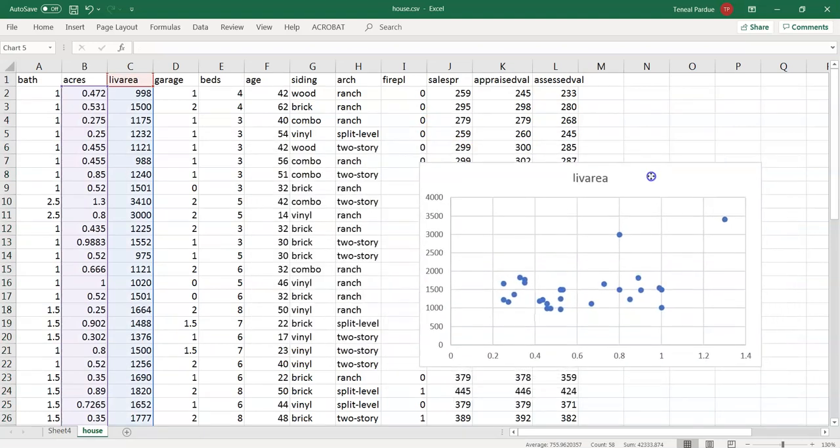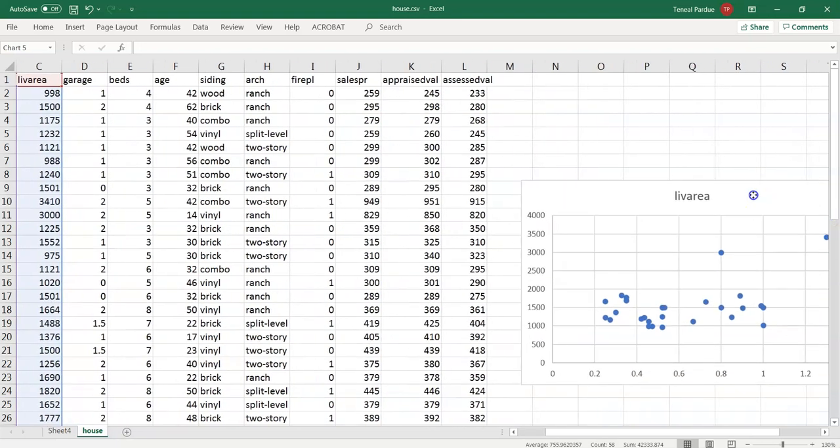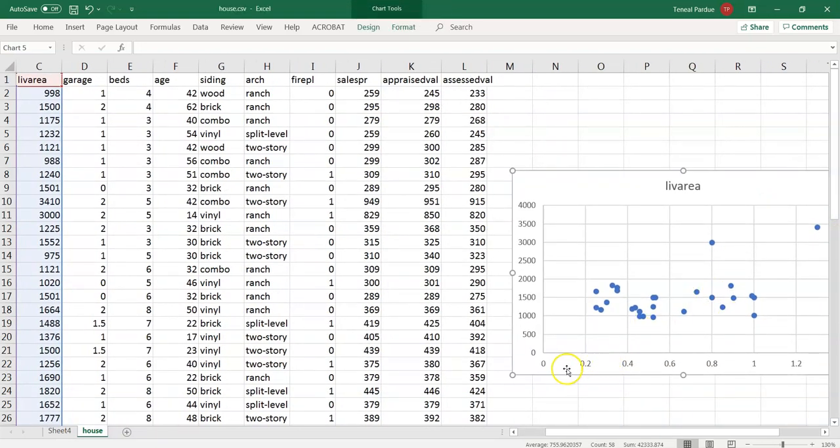All right. So this is our living area on the y-axis, and on the x-axis is the acreage. If we're looking purely at the relationship between these two variables, it doesn't matter which one goes on which axis.